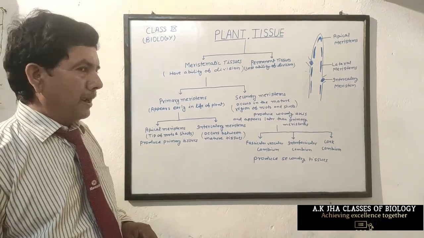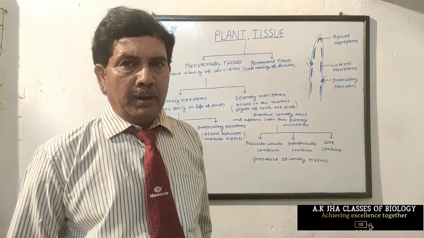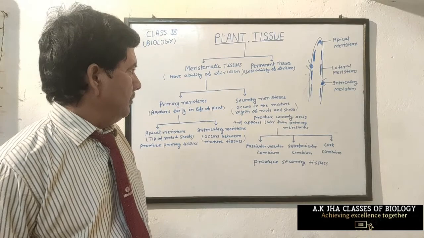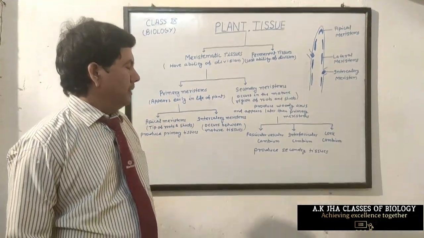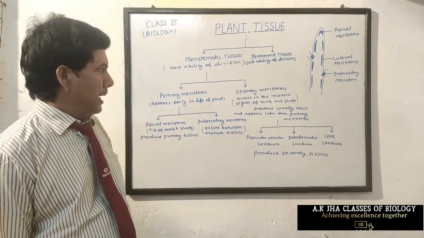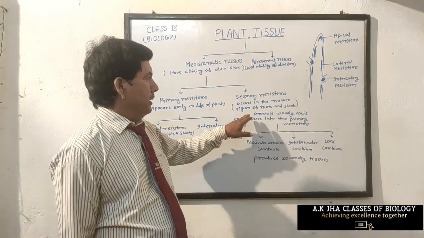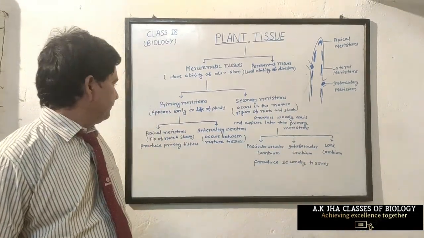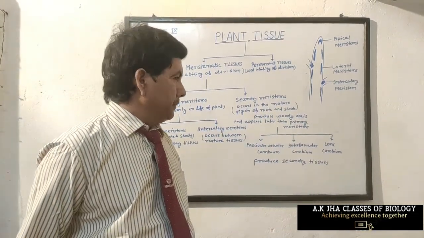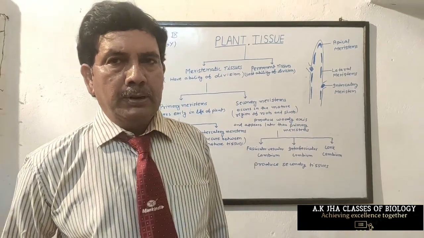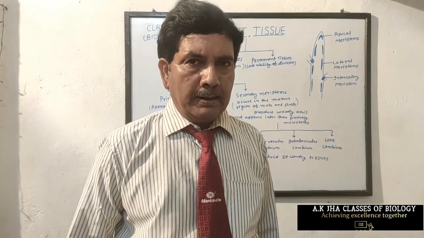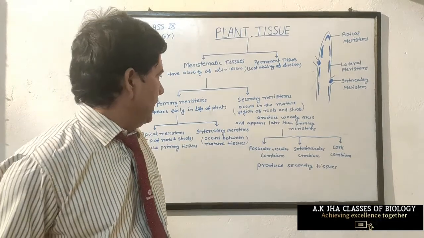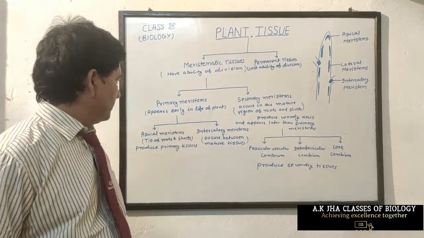Primary meristems appear early in the life of the plant and secondary meristems appear later in the life of the plant, which occur in the mature region of roots and shoots. Primary meristems are of two types on the basis of their location, apical meristems and intercalary meristems.